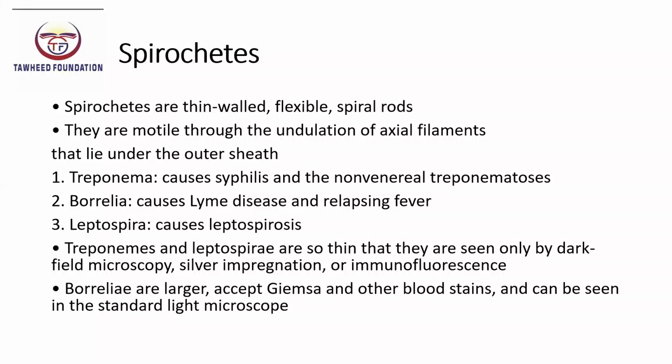Unlike external flagella, these filaments are located beneath the outer shell, allowing the organism to twist and move in a corkscrew fashion. This movement is highly efficient in viscous environments such as mucus or tissue, which explains how they penetrate host tissue so effectively.